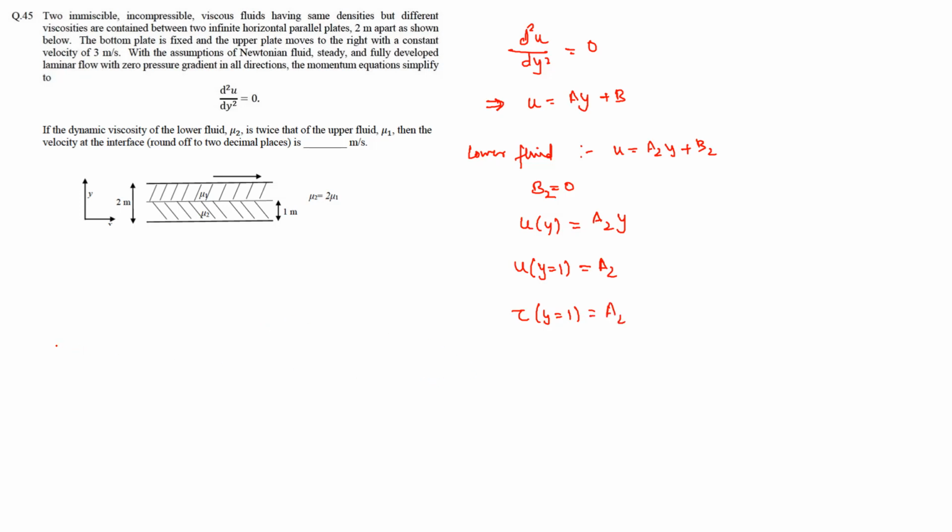For the upper fluid, we found that u of y was a1y plus b1, and at y is equal to 2, this was 2a1 plus b1 being equal to 3, because the upper plate is moving with a velocity of 3 meter per second.